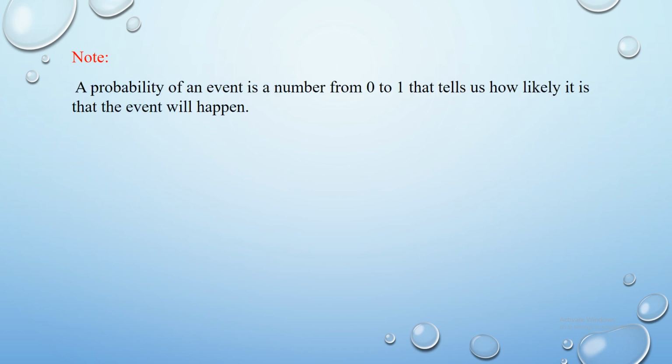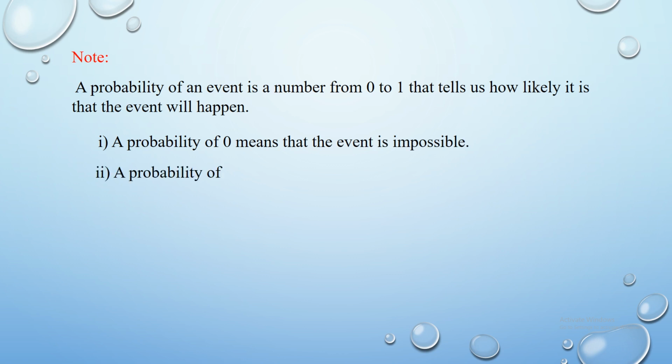Okay, just note: a probability is a number from 0 to 1 that tells us how likely it is that the event will happen. A probability of 0 means that the event is impossible. It absolutely does not happen. A probability of 1 means that the event must happen.